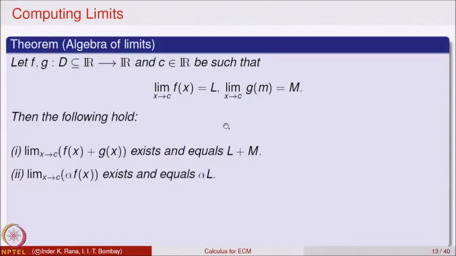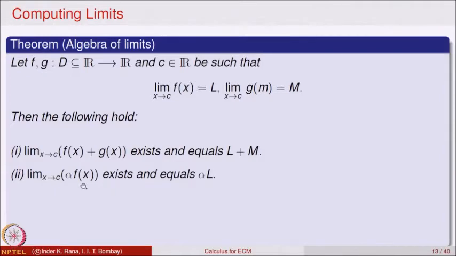Then the following hold. The first result says, if I add the two functions, if I look at f(x) plus g(x), that is the sum of the two functions, and then take its limit, that also exists and is equal to L plus M. So, the sum of the limits is equal to limit of the sum.